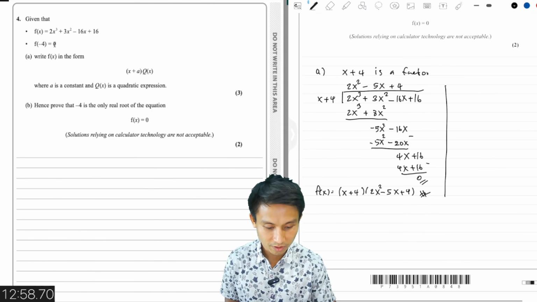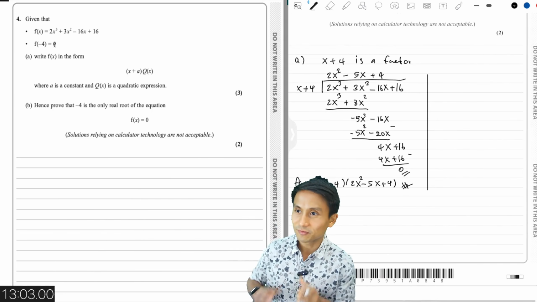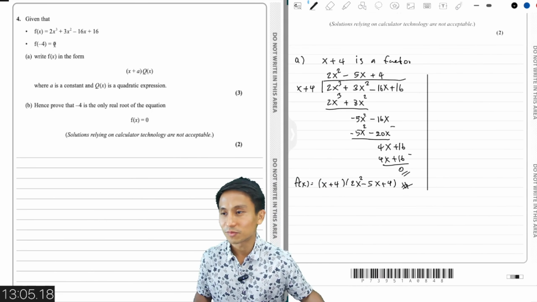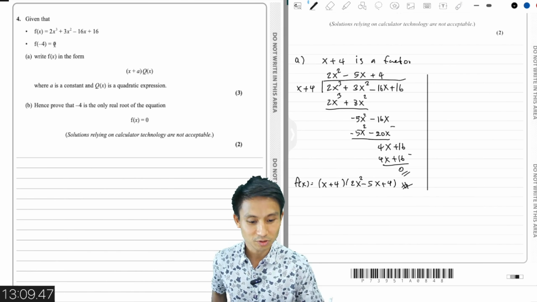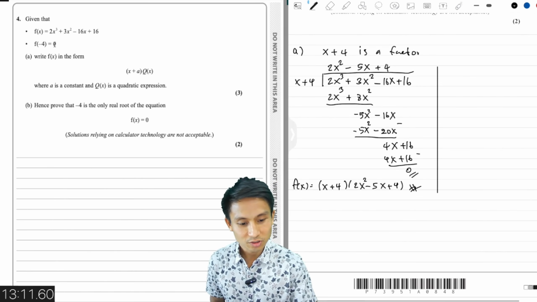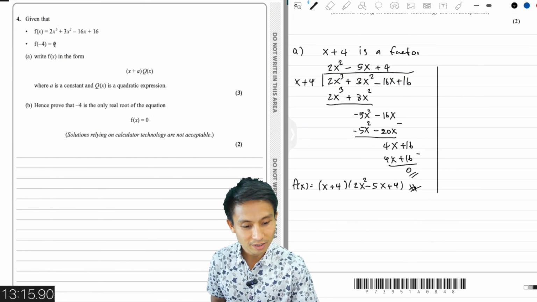I'm going to show you a short division. So instead of writing all the terms in their algebraic forms, we're just going to take the coefficients. So the coefficients of the dividend here, the thing to be divided, is 2, 3, minus 16, 16.